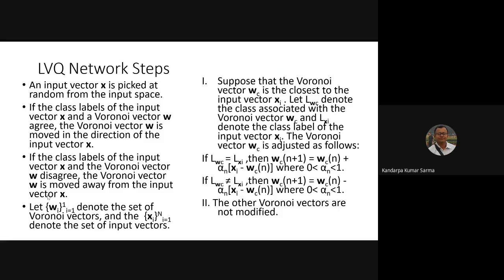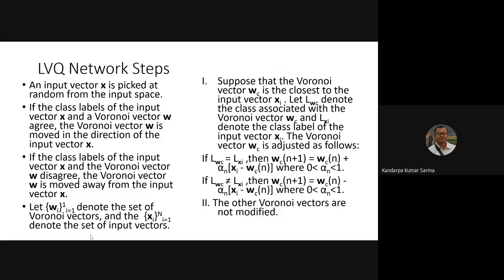Suppose that the Voronoi vector wc is the closest to the input vector xi. Let Cwc denote the class associated with the Voronoi vector wc, and Cxi denote the class label of the input vector xi. The Voronoi vector wc is adjusted by following these rules.